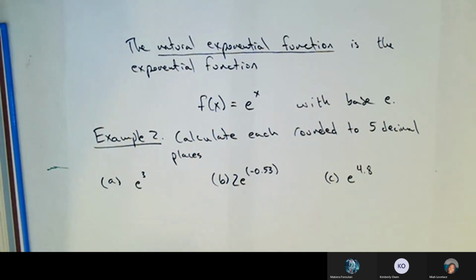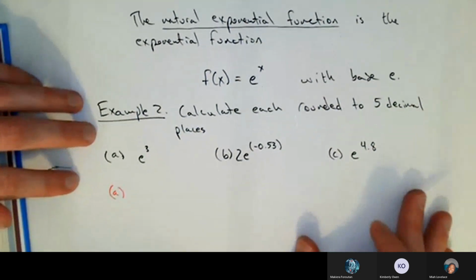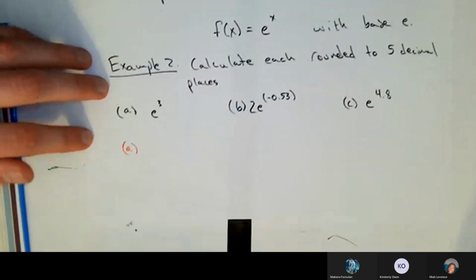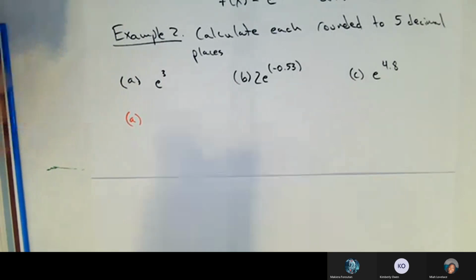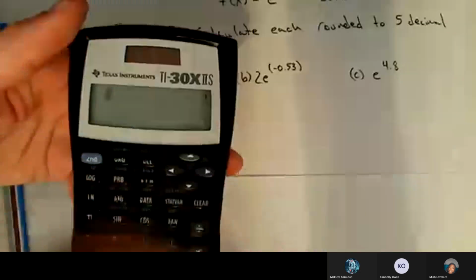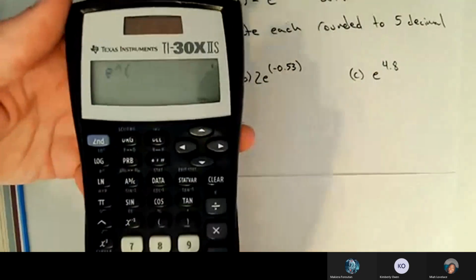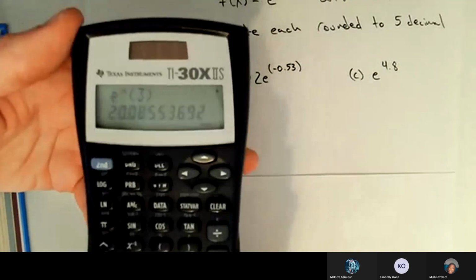So pop these into the calculator and round to 5 decimal places. E cubed, so in my calculator, I'll hit second and then the natural log button to get to my E button, then I'll put 3 and close parentheses.